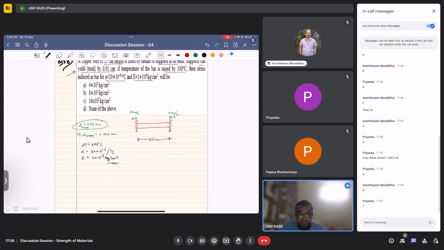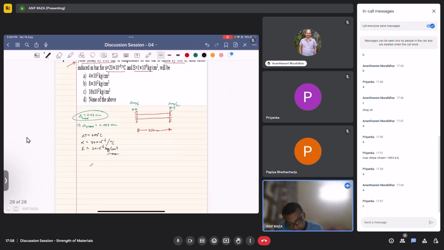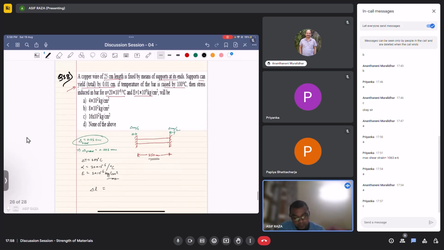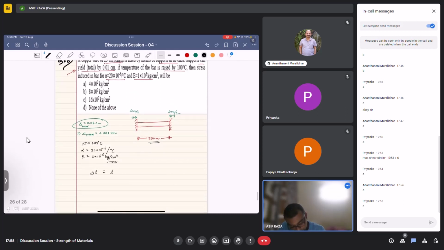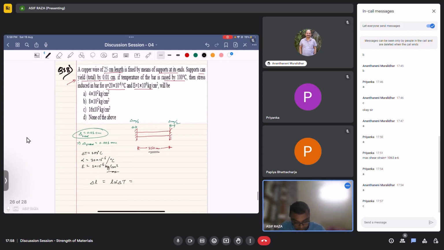First thing, how much extension in length would there be if I increase the temperature by 100 degrees Celsius. Don't think about the supports now. My length is 250 mm copper, and then we increase the temperature by 100 degrees Celsius. So L alpha delta T is the extension, right?